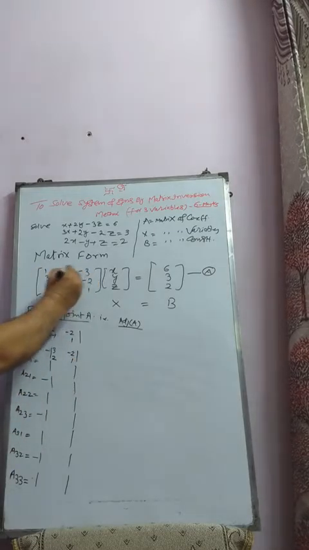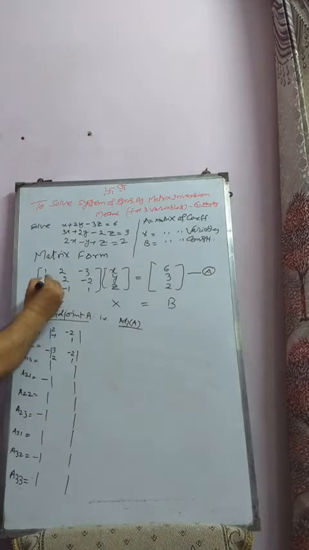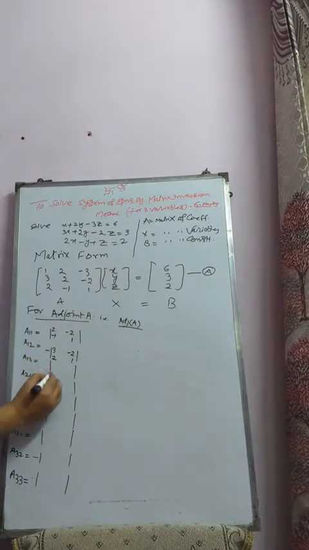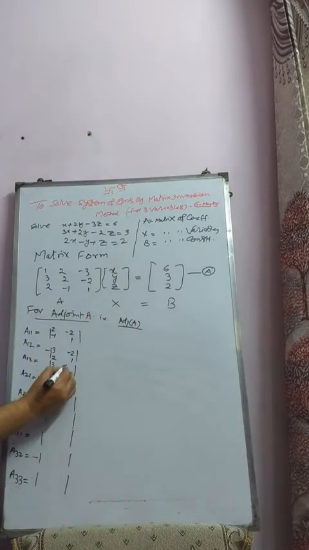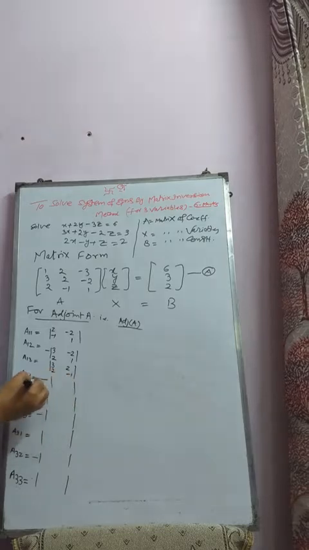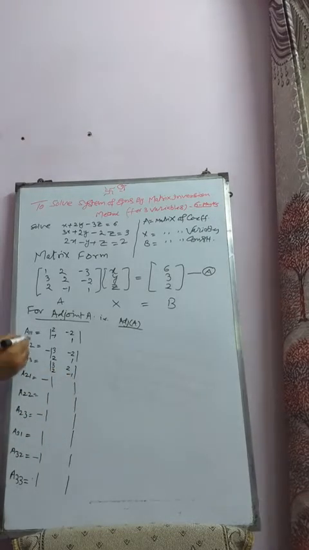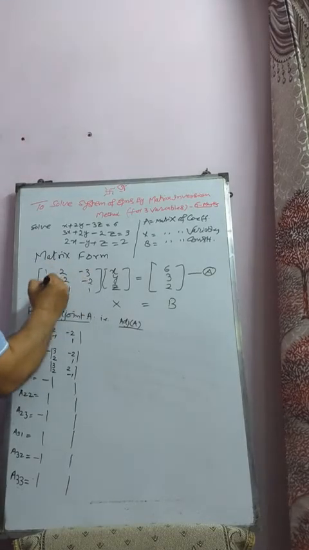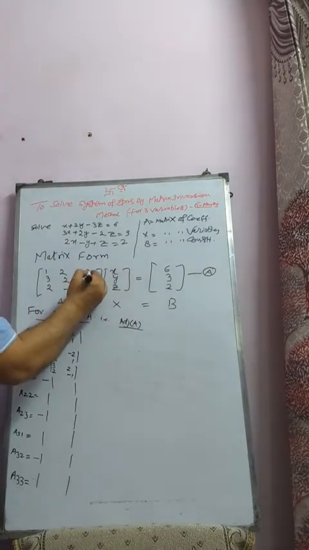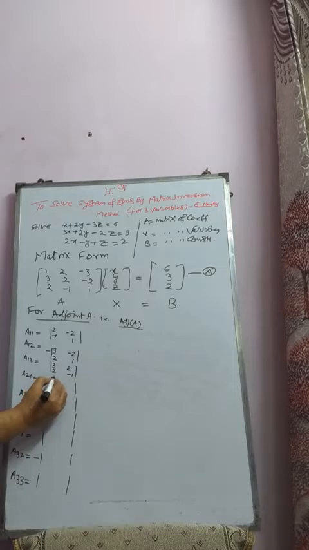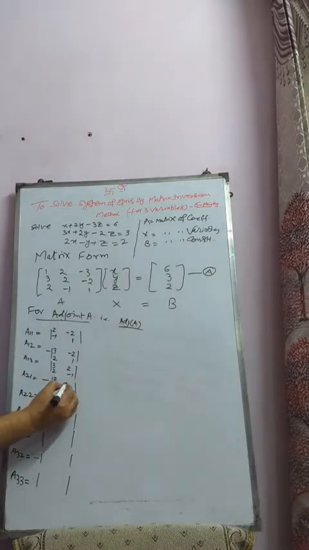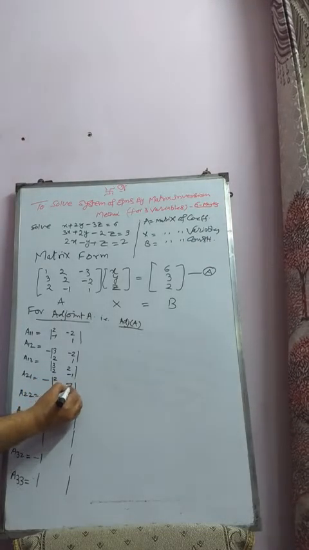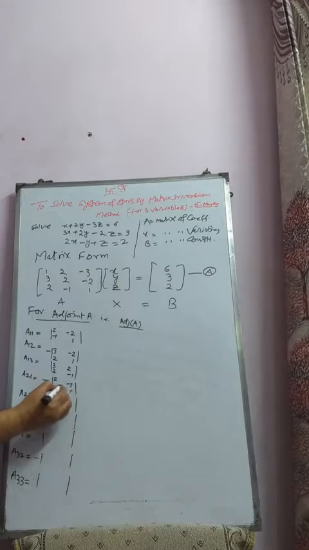A13, first row third column: 3 2 2 minus 1. Similarly A21, second row first column: 2 minus 1 minus 3 1.